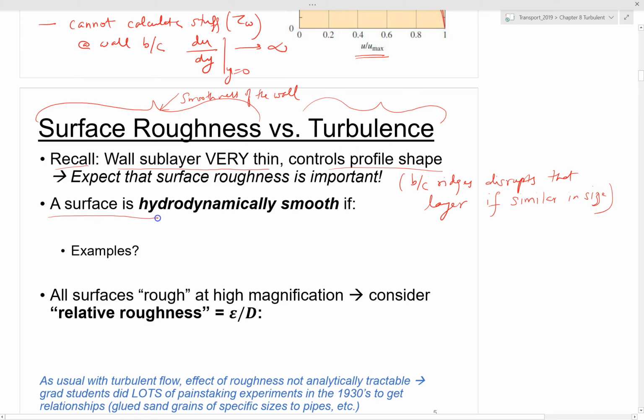But in a perfect world, a surface is hydrodynamically smooth if the wall sublayer submerges the roughness elements. Examples: we have smooth surfaces like glass and most plastics.